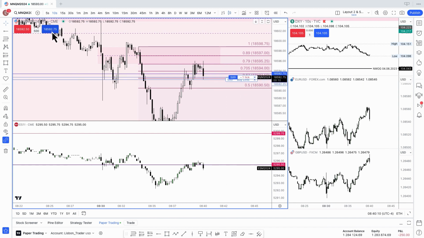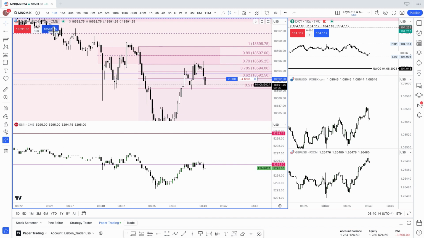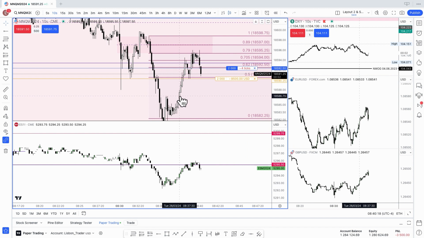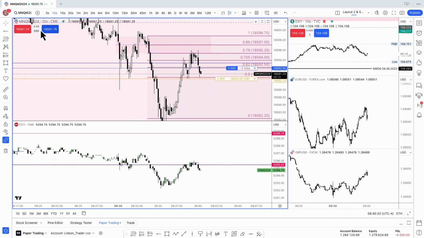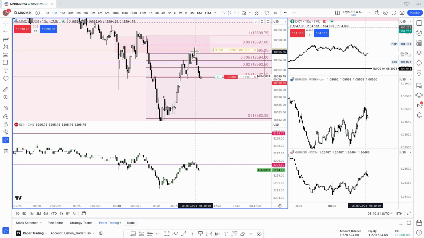Well, actually, they came to this volume imbalance here. And they are resuming lower, I believe. Okay. This was the rejection.